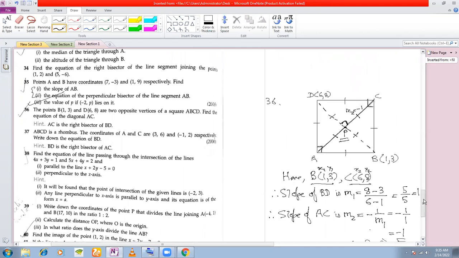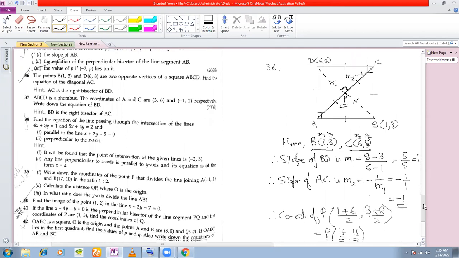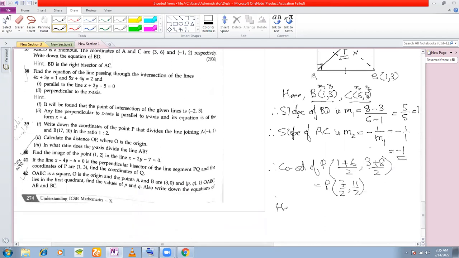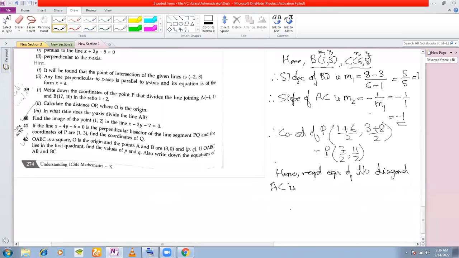So which form should you use? The point slope form to find the equation of AC. Hence, the required equation of the diagonal AC is y minus y1 is equal to M2 into (x minus x1).